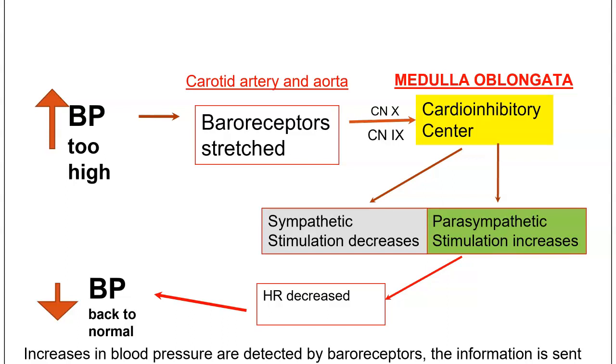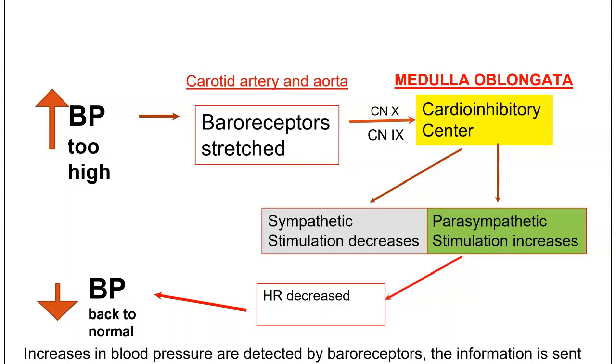And in this event, the cardioinhibitory center of the medulla oblongata will be stimulated by this high blood pressure message. The cardioinhibitory center is going to increase parasympathetic stimulation, while sympathetic stimulation will decrease.